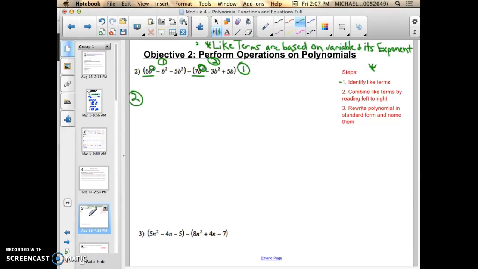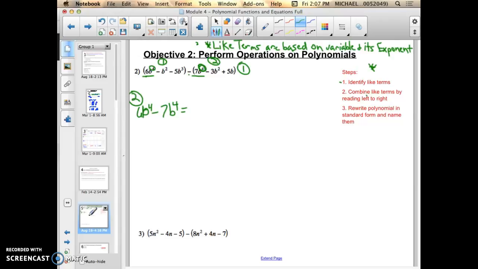Step 2, after I've identified a like term, is to combine like terms by reading left to right. Again, very important that you read it left to right. So 6b to the 4th, minus. The operation is subtraction, so it's minus a positive 7b to the 4th.